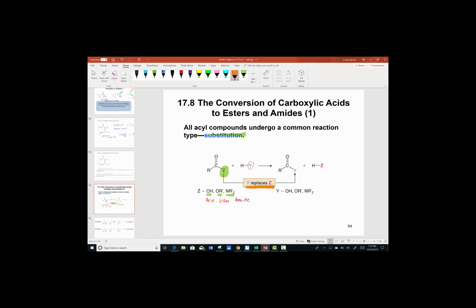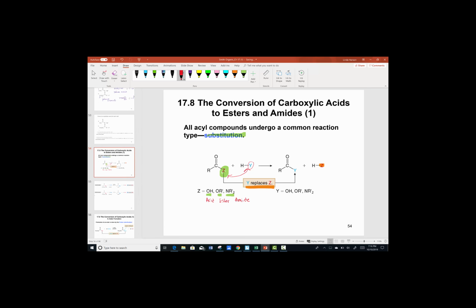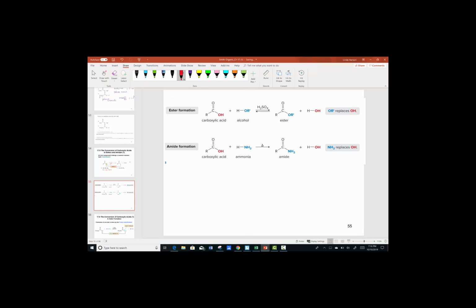So here's the Z now connected to the H, and we see that exchange occurring. These two just simply exchange places. Let's give something a little more concrete than the general formula. The general formula for the substitution reaction on 17.8 is what we just diagrammed here, but it might be easier to see some examples.